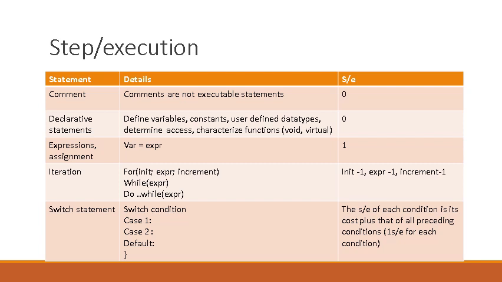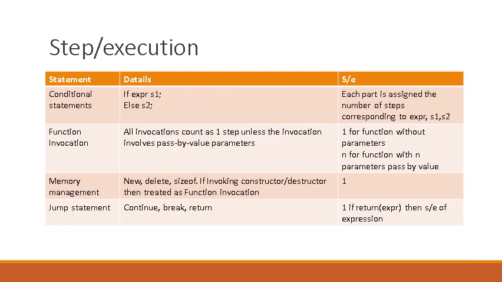Like if the condition is true for case 3, it is one execution for case 1, a second for case 2, and in the third it goes to case 3. But to go to case 3, it first checks the first 2. That's why its step count will be the addition of all the preceding conditions plus 1. That is the step count considered for the switch statement.